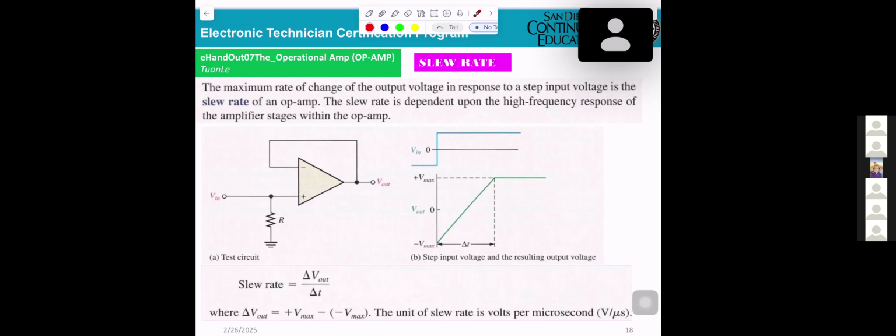Okay. Step input voltage and resulting output voltage. Delta V out equals V maximum at the positive minus V maximum at the negative. The unit of slew rate is volt per microsecond. That's just telling you how long the output takes to go up. Okay.